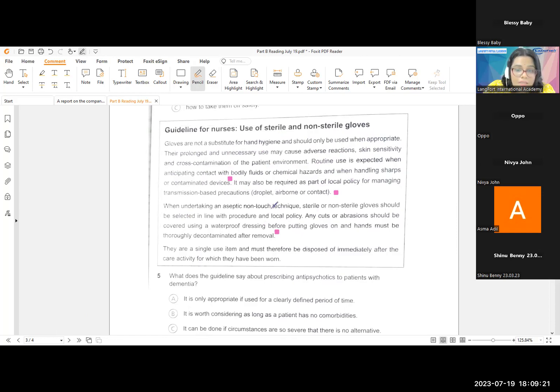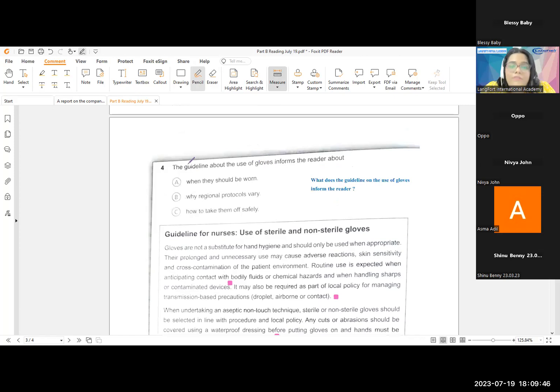And if you're undertaking aseptic non-touch technique, then you should wear sterile or non-sterile gloves according to the procedure and the policy. If you have any cuts or abrasion on your hands, you need to cover it, then use the gloves, and once you are removing the gloves, you need to decontaminate your hands as well. Then finally, gloves are a single-use item, and once you have used it, you need to dispose of it immediately.